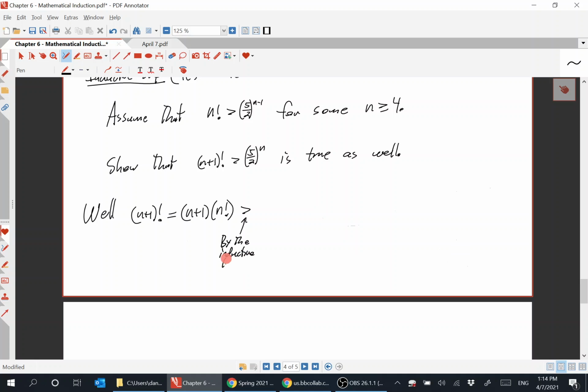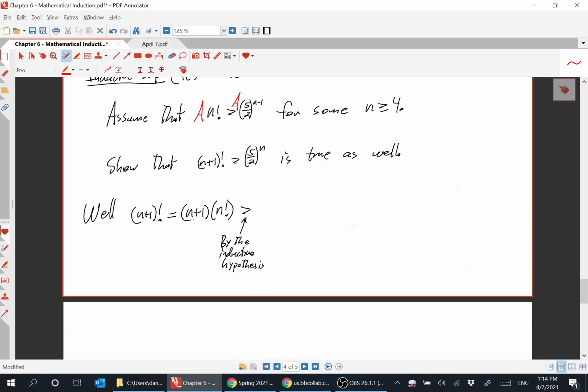What does the inductive hypothesis give us here? Well, we know that n factorial is bigger than 5 halves to the n minus 1. So if I have a multiplier a, a times n factorial is bigger than a times 5 halves to the n minus 1, as long as it's positive, which n plus 1 is.